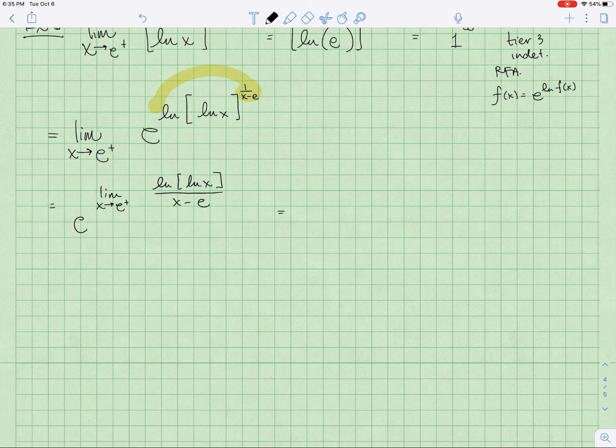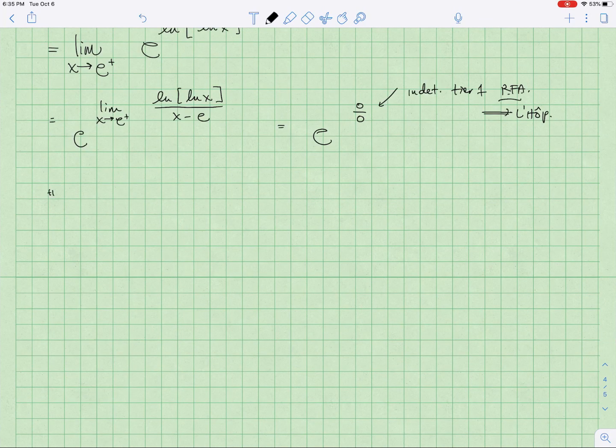And when I try to evaluate that limit, I'm going to get e to the, well, as x goes to e from the right, I'm going to get the natural log of e, which is 1, the natural log of 1, which is 0, and I get 0 over 0 again. So this is indeterminate, tier 1, requires further analysis, but this one we can use L'Hopital's rule on.